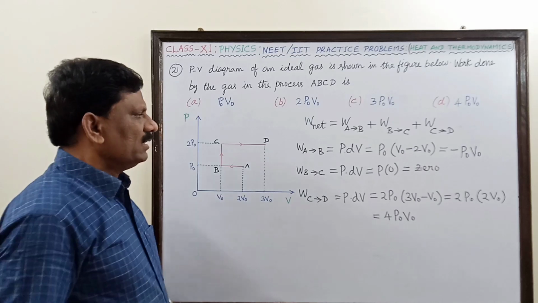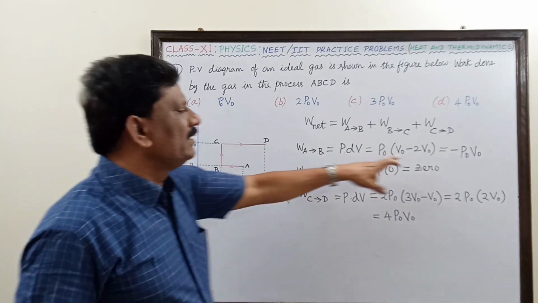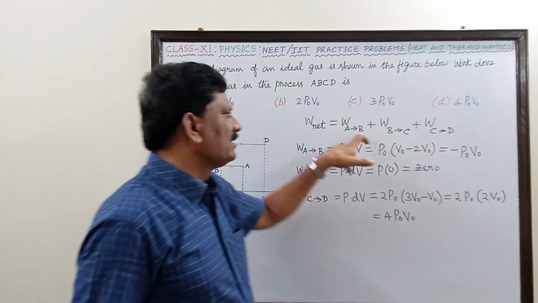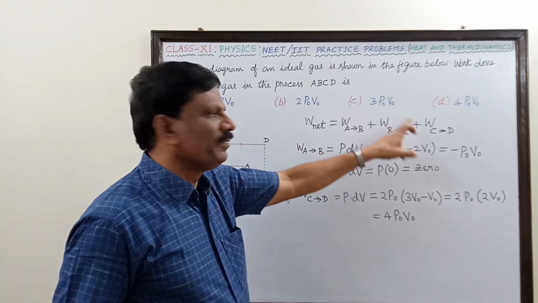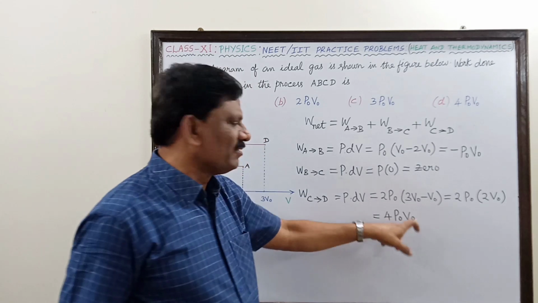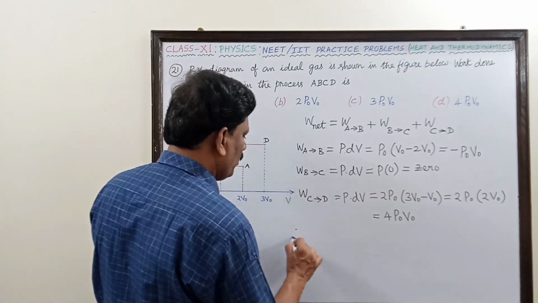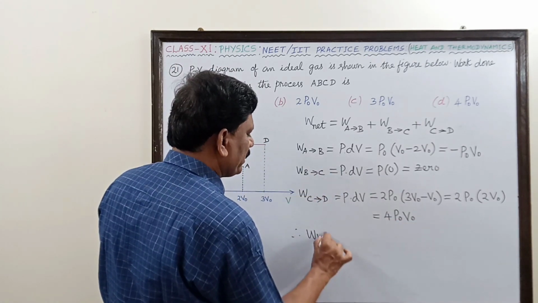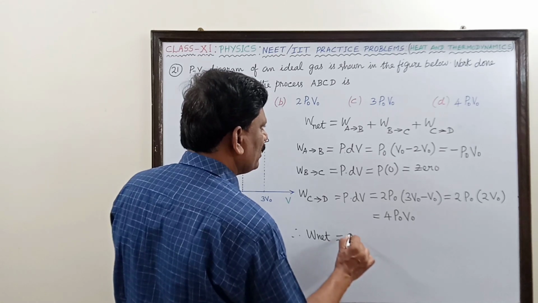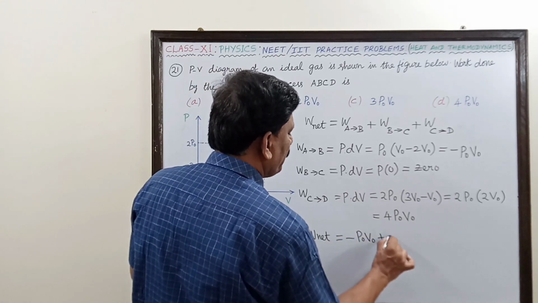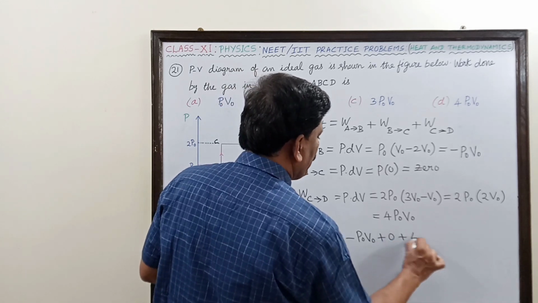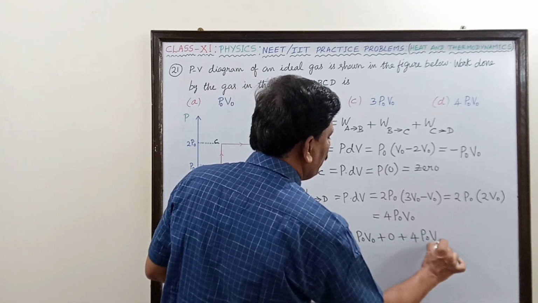So the work done from A to B is minus P0 V0, I am going to substitute here. The work done from B to C is 0. The work done from C to D is 4 P0 V0. Therefore, the net work done is equal to minus P0 V0 plus 0 plus 4 P0 V0.